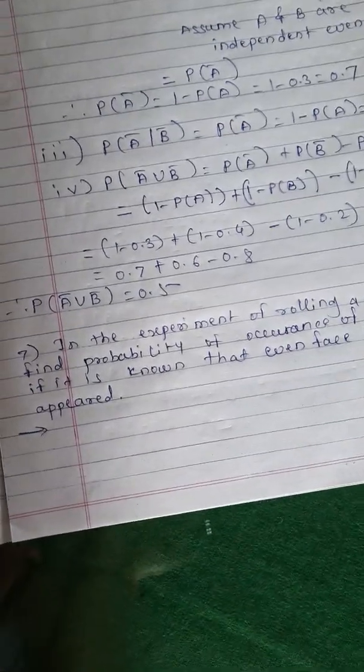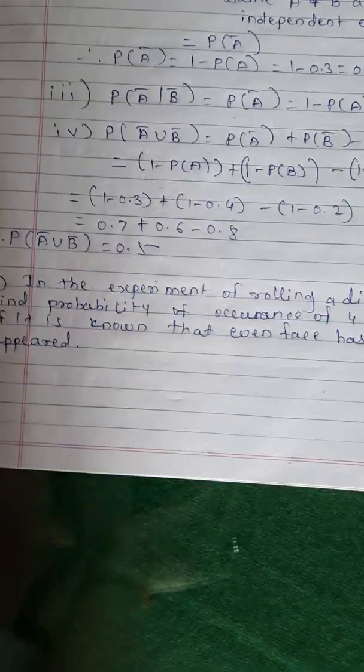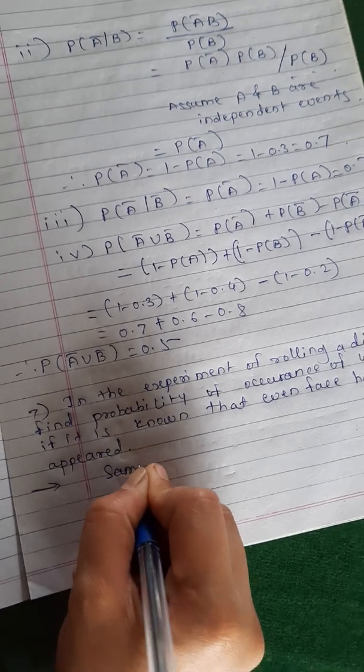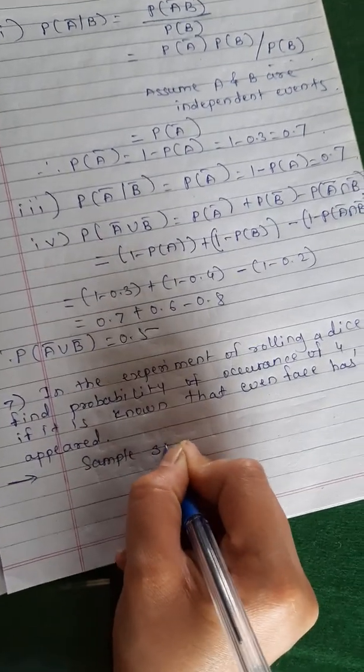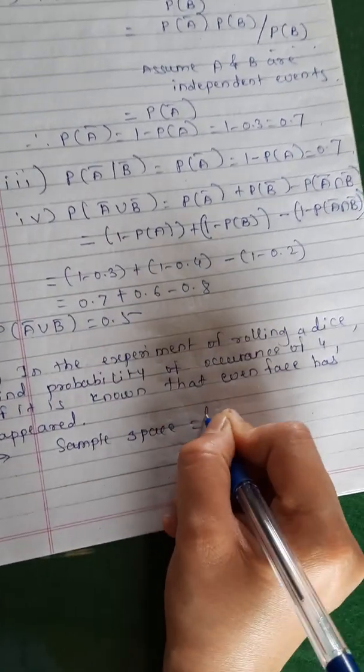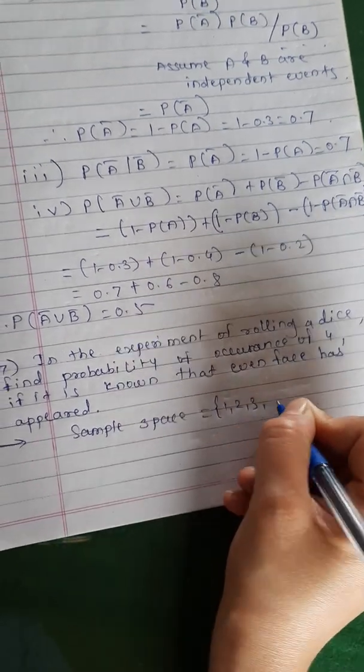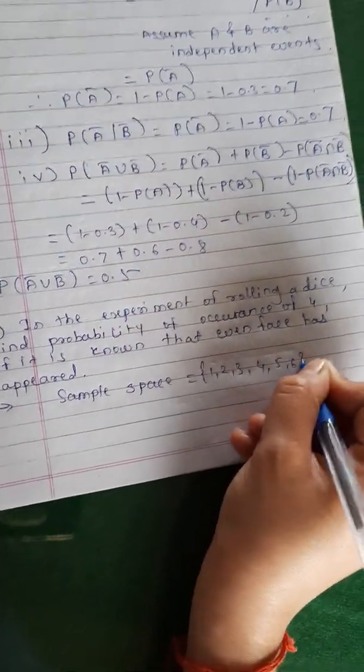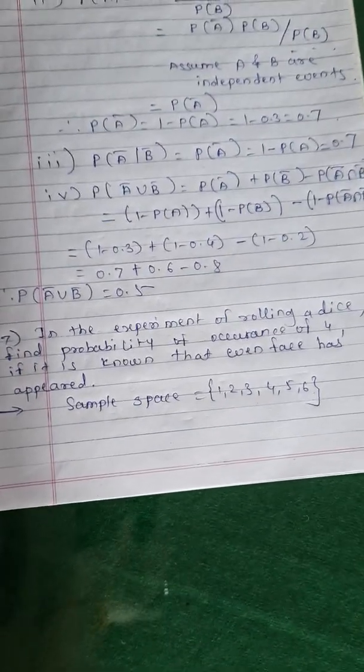Now the sample space is 1 to 6. So we write here the sample space is 1, 2, 3, 4, 5 and 6. And the probability to get any number is 1 by 6.